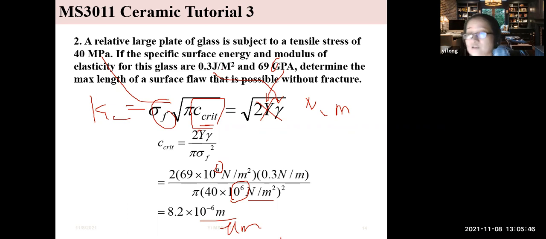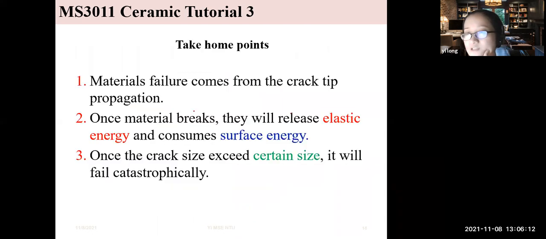You won't feel it because all the cracks are still smaller than this critical size. That's why it is still safe. So this is question 2. It is a pretty straightforward question because we use Griffith already. Griffith just use these equations, expand it and do the math manipulation here. So that's question 2. Okay, let's continue.